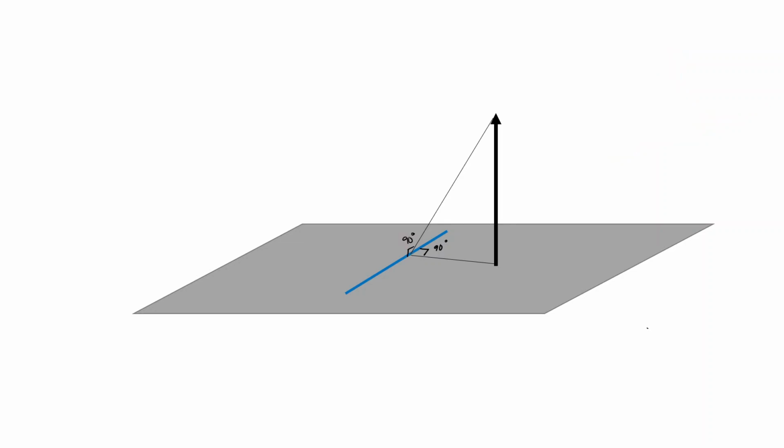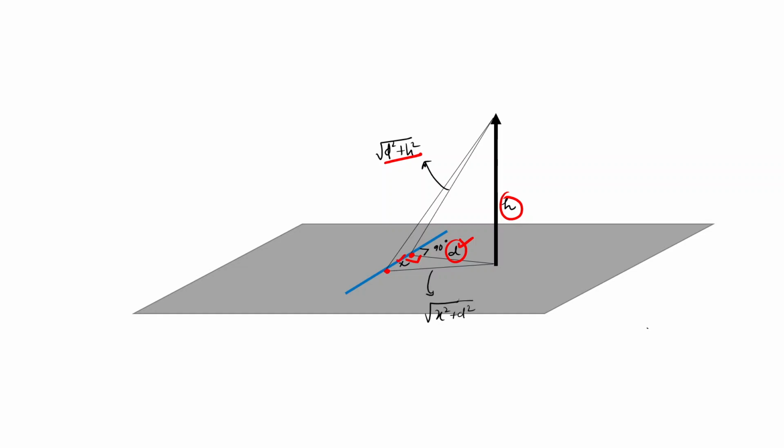If you want some algebraic calculation, you can say this distance is d and this distance is h, then this distance will turn out to be root under d square plus h square. Then let's say you go somewhere else on this line. Let's say this distance is x, and this angle is 90 degrees, this is d, this is x.